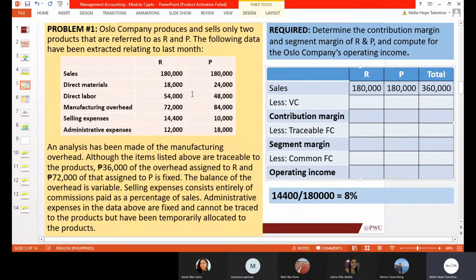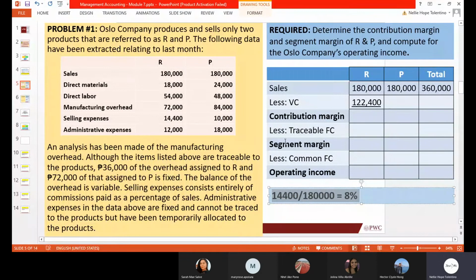Give me an amount first. 108,000? No, more. It's short. 122,400, ma'am. Very good. It's 122,400. So how did you get it?